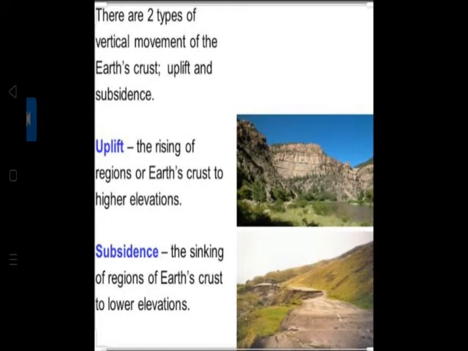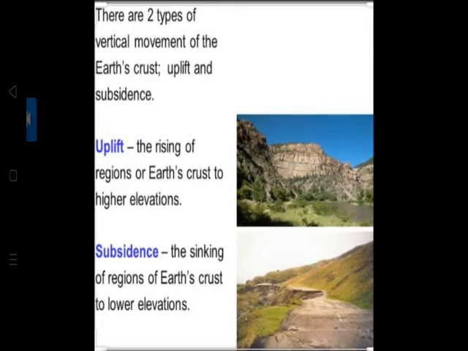The rising of regions or Earth's crust to higher elevations, to greater heights, elevated, heightened. Subsidence is the sinking of regions of Earth's crust to lower elevations. It's sinking, it's going downwards.